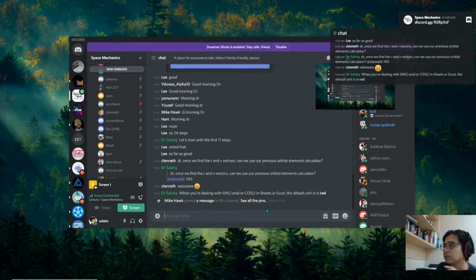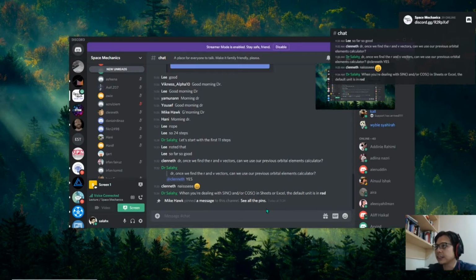You know how the deal is. You can always convert degree to radian. You know what to do. Thanks Mike Hawk, brother of Tony Hawk, for pinning the message. This is important. Not only sine and cosine, but all trigonometric functions are in radians. Except for the one before that we have done.